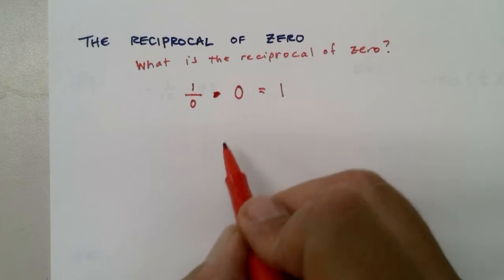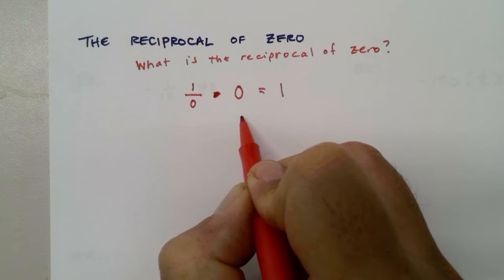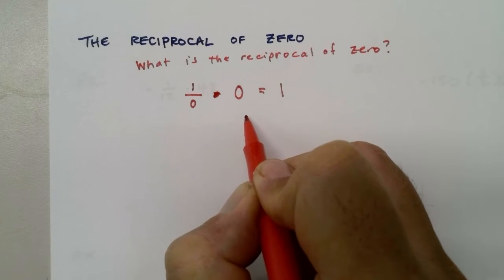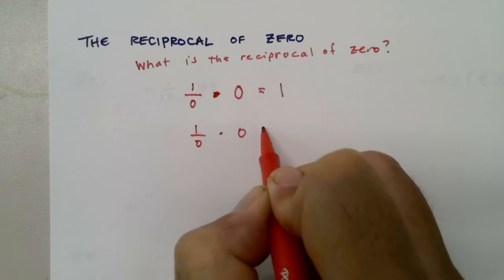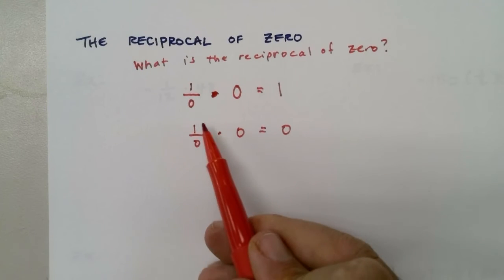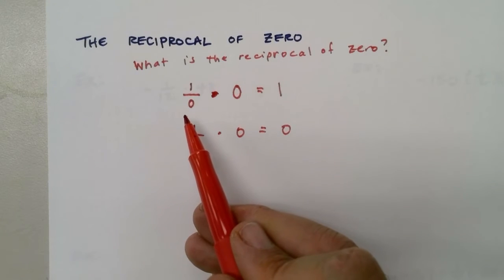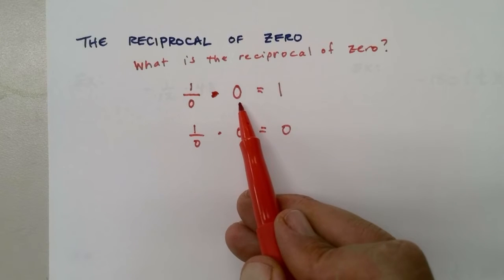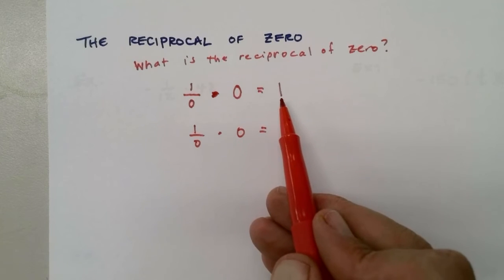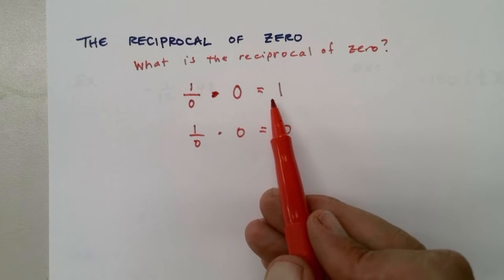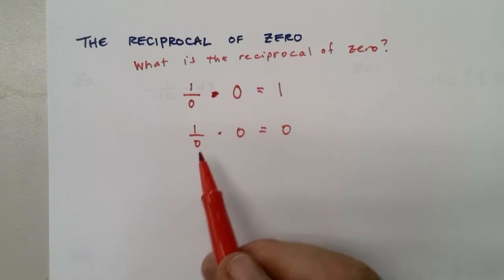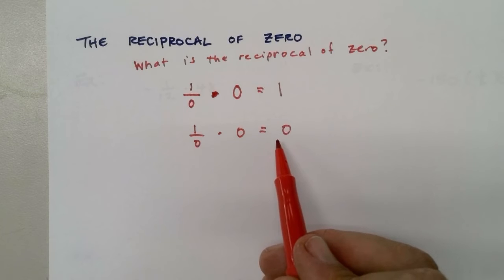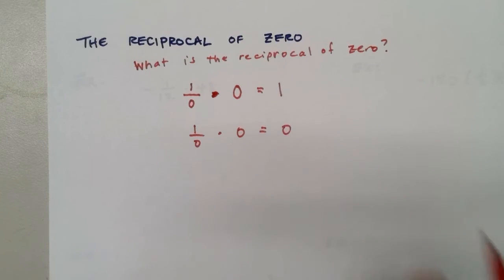I have one property that tells me that any number times 0 is 0, which means that 1 over 0 times 0 equals 0. And I have another property that tells me that any number times its reciprocal is 1. So is 1 over 0 times 0 equal to 1, or is it 0? And this is a real problem.